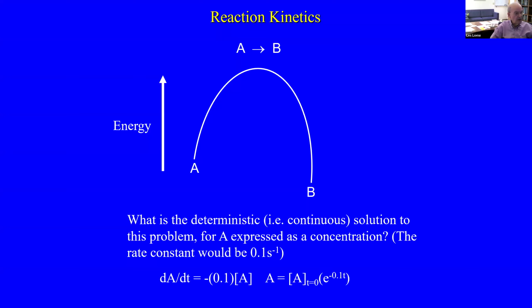The differential equation for this case would be that the change in the concentration of A, not the number of molecules of A, but the number of molecules per volume, the concentration, would be equal to minus 0.1, because we're losing one with a probability of 0.1 per second, times the concentration of A. You can solve that differential equation, as hopefully you all know from your math, and it turns out to be an exponential decay, where the starting point is the concentration of A at time 0.